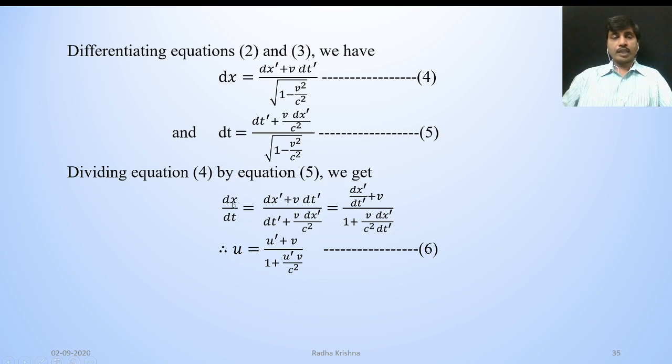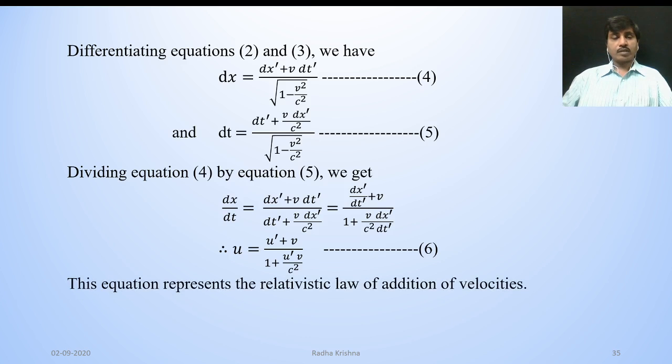Here dx by dt is equal to u and dx dash by dt dash is equal to u dash. Therefore, u is equal to u dash plus v by 1 plus u dash v by c square. That is equation 6. This equation represents the relativistic law of addition of velocities.